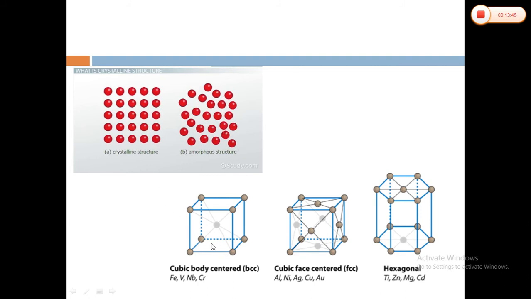This crystal lattice could be, as I told you, of 14 types. Here is an example, body-centered cubic lattice. This is face-centered cubic lattice, and this is hexagonal lattice. So this is about lattice structure.